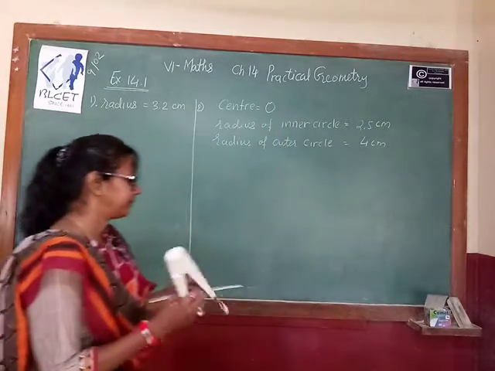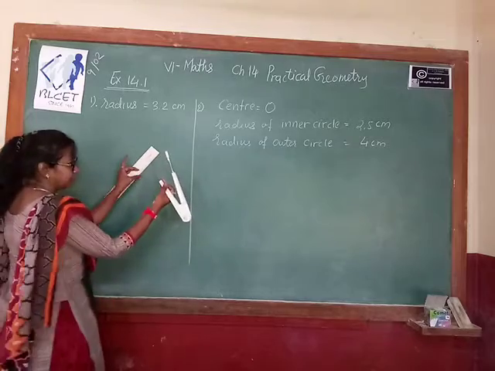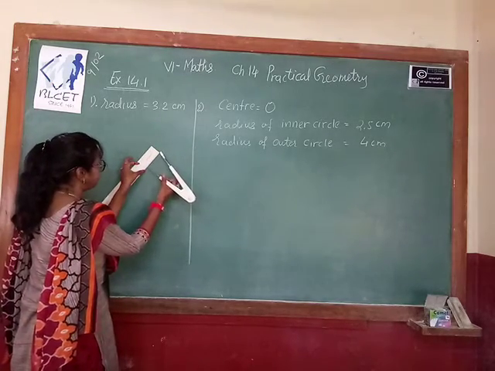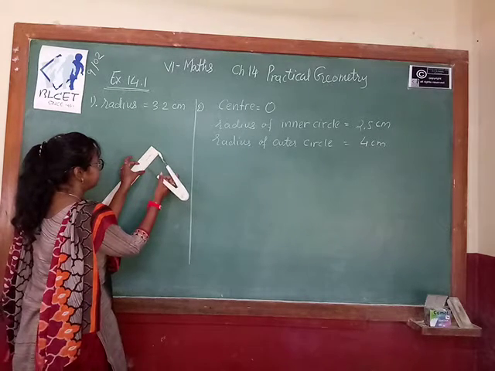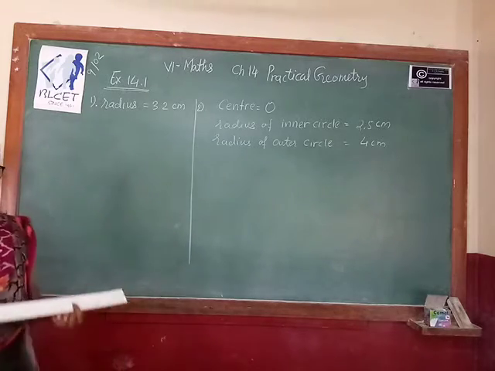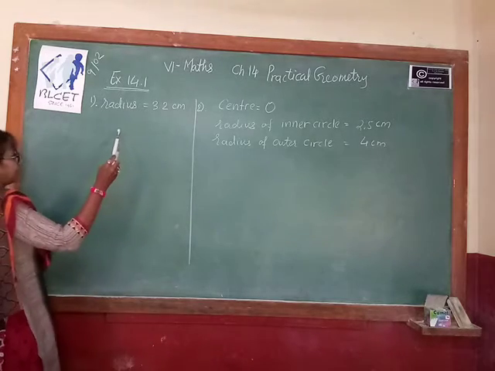So let's see. This is your compasses, or you can say divider. Here is your 3.2. A little bit smaller, you have to do this. Okay, so this is the perfect measurement of 3.2. Now draw the circle without changing this measurement.